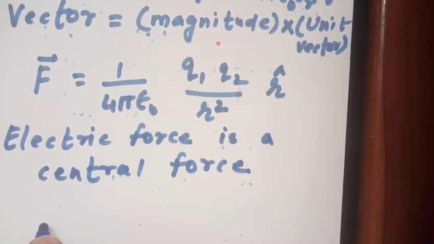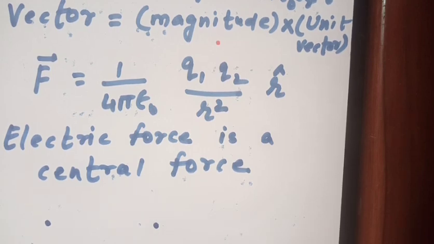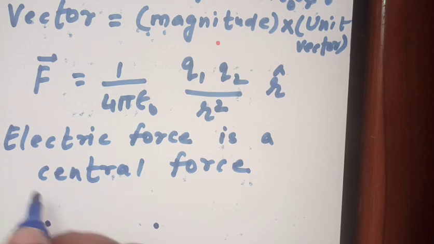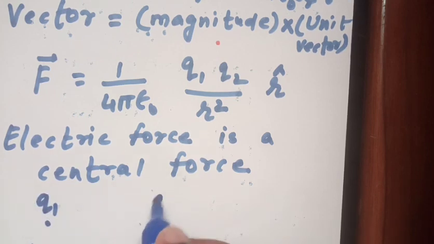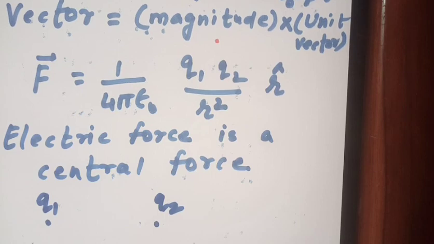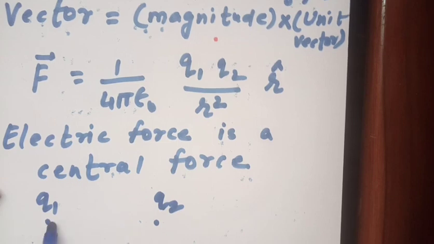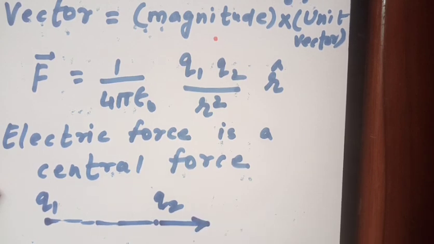Whenever any force acts along the line joining the two particles, suppose this is the first particle, Q1, and this is another particle, Q2, when the force acts between them along the line joining them, we call such forces central force.